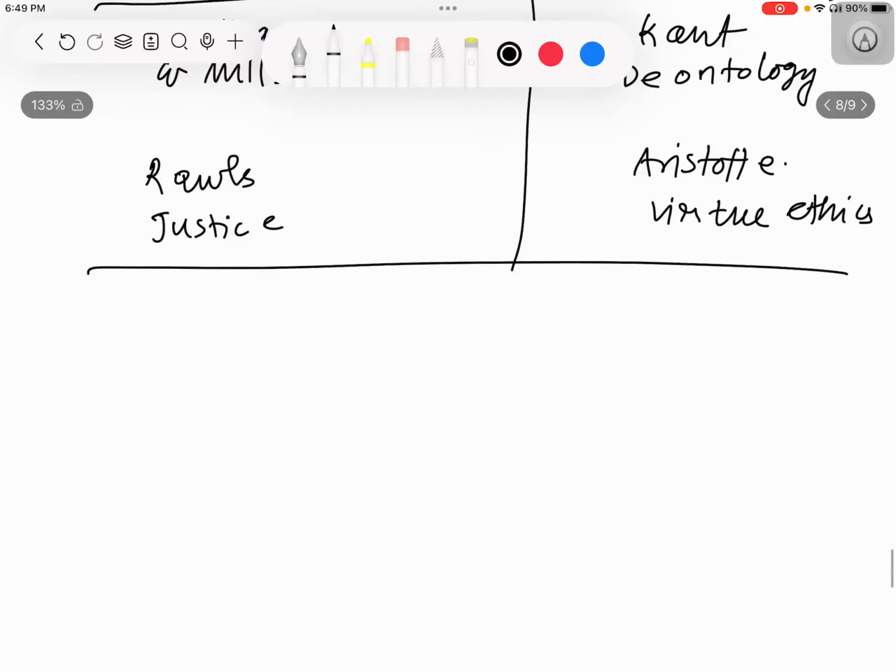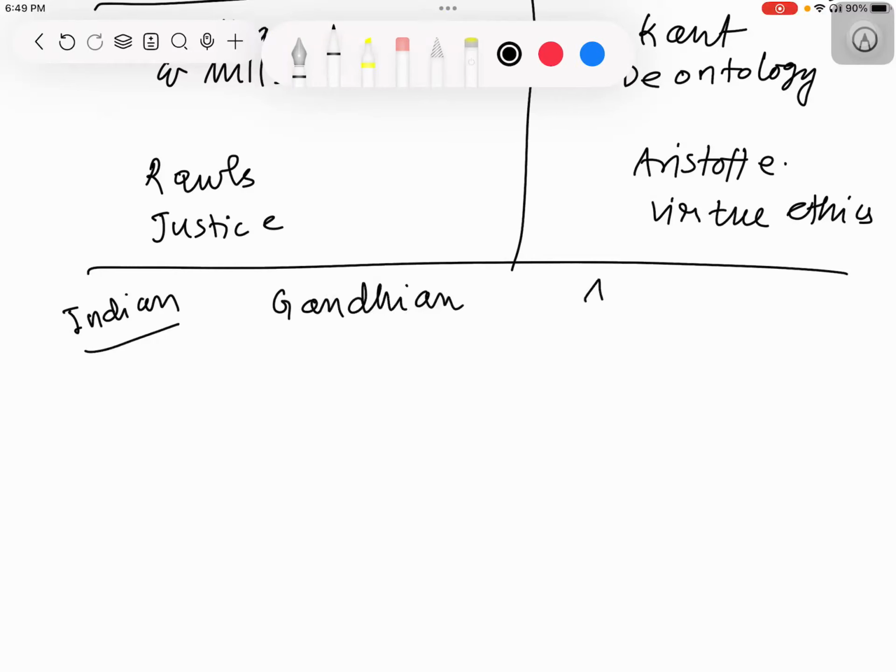Similarly, we have talked about Indian approaches. There we have talked about, for example, Gandhian ethics. We have talked about Amartya Sen's idea of justice, Niti versus Nyay, correct?